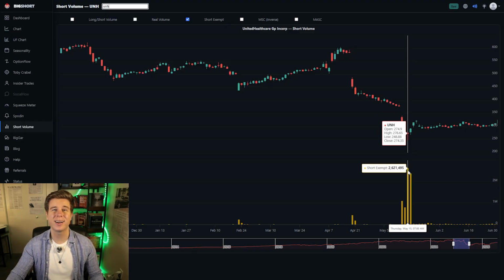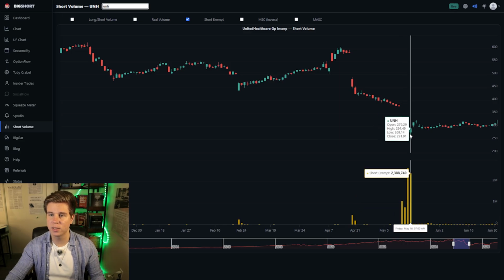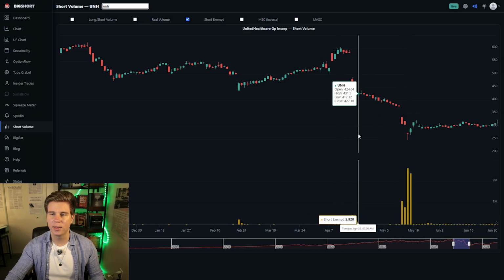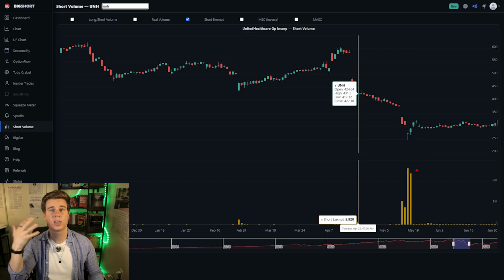So you take the trade on the next day if big short indicators align and your other technical indicators, or whatever you use, align. And what happened is after the short exempt day, there was this big rally. They entered somewhere around here on that day. And then this was a huge, huge trade for Tay. I think he exited somewhere around here. But this is just one example of using short exempt.